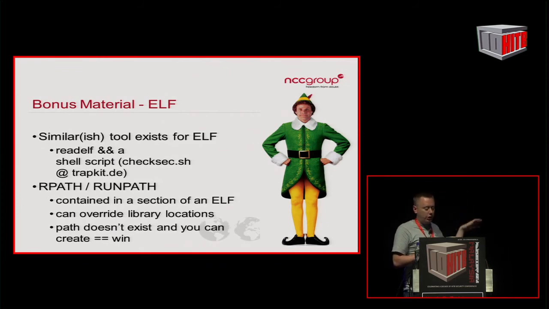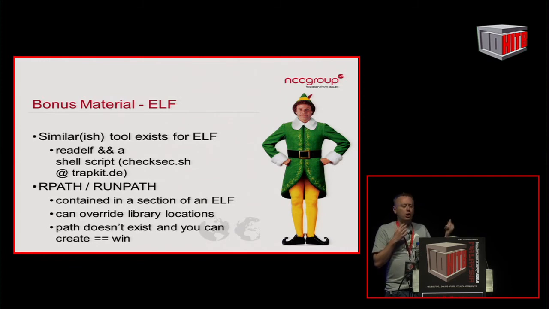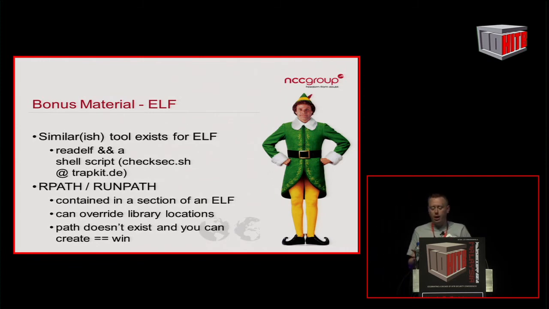But there was an interesting property of ELF binaries that I wasn't aware of, and I contributed the patch back into checksec. In an ELF file, you can have in one of the sections called rpath or runpath literally a file system path. That path can be absolute or relative, and interestingly, it overrides any loader options. LD_PRELOAD we all know about.